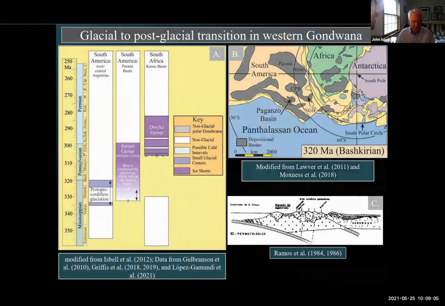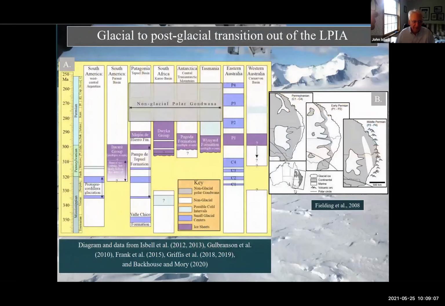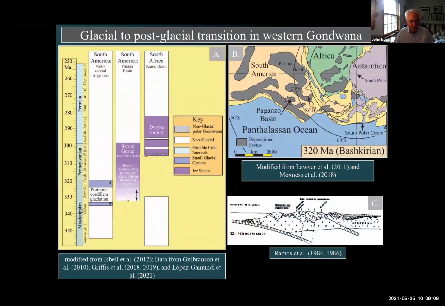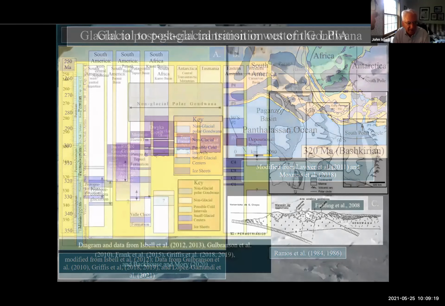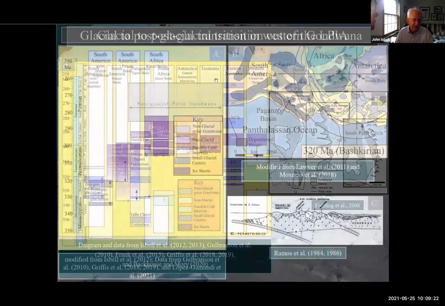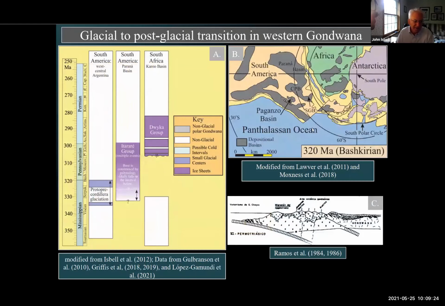So let's take a look at the transition. The transition begins in western Argentina. The dating of that event is by Eric Wilbronson. And what we see there is that ice disappears near the Bashkirian, the Mississippian Pennsylvanian boundary.